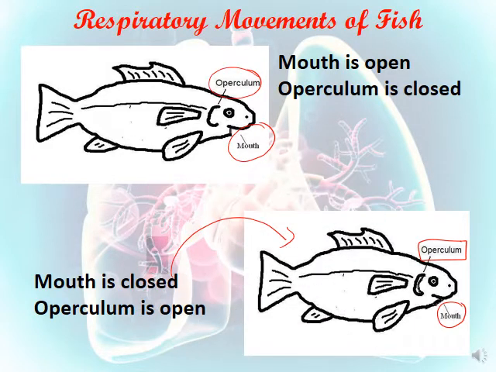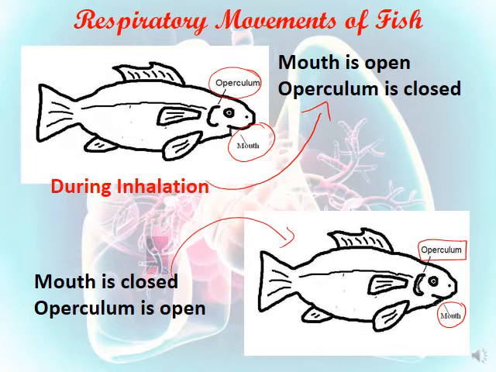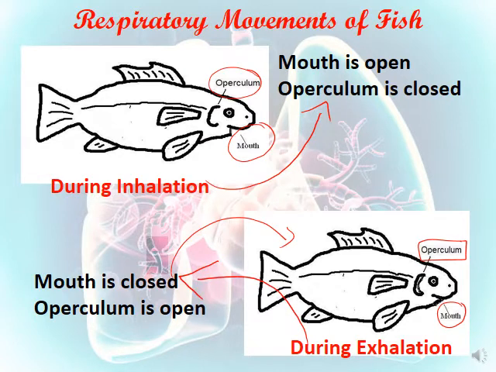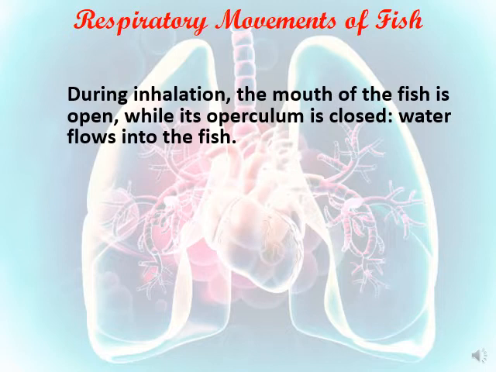So the fish respire. This is inhalation when the mouth is open, operculum is closed. You have to study this. And exhalation when the mouth is closed, operculum is open. So what happens during inhalation?